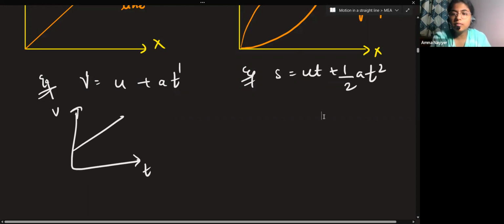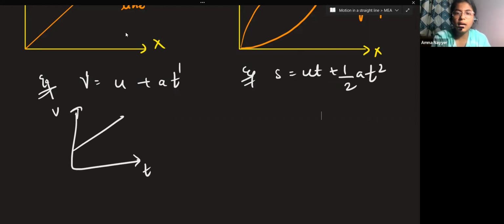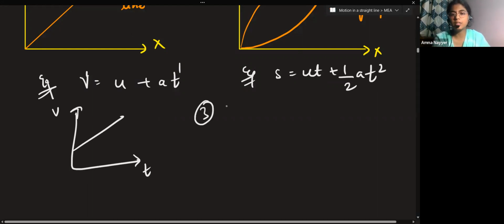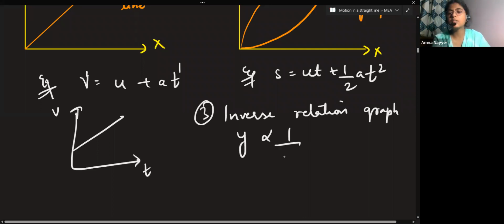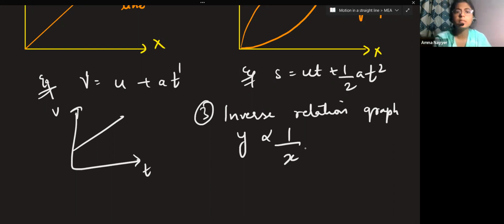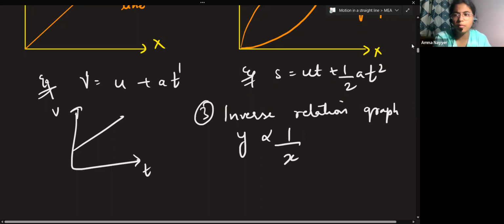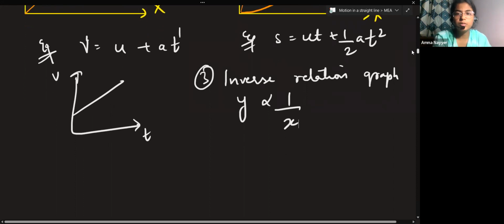Now the one more type of graph that you have in here is the inverse relation. Inverse relation means something which is inversely proportional to another quantity. Like I'll say acceleration is inversely proportional to time. You'll see, when one quantity is in the numerator, the other quantity is in the denominator, on the opposite side of the equation. That we call the inverse relation.